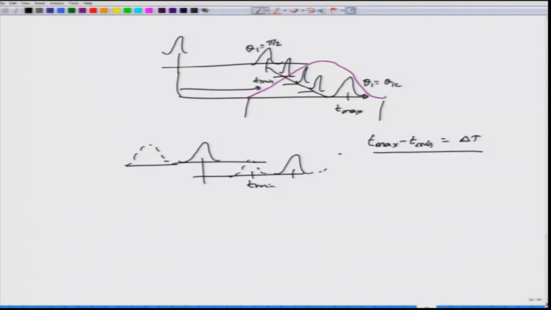This type of dispersion, which was very widespread in the 1970s fibers, is called intermodal dispersion. Intermodal means dispersion, or the difference in the velocity giving rise to pulse broadening, because of multiple modes in a multi-mode fiber.